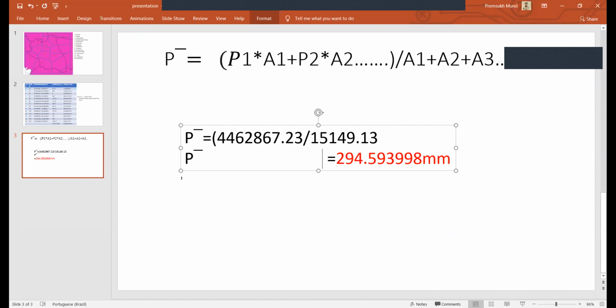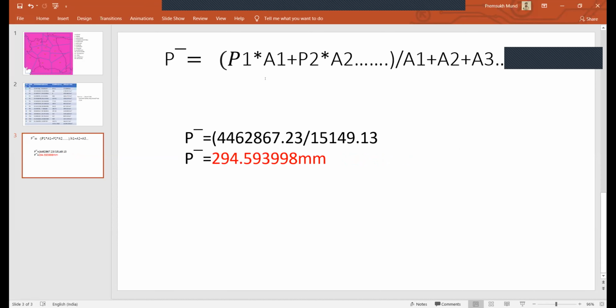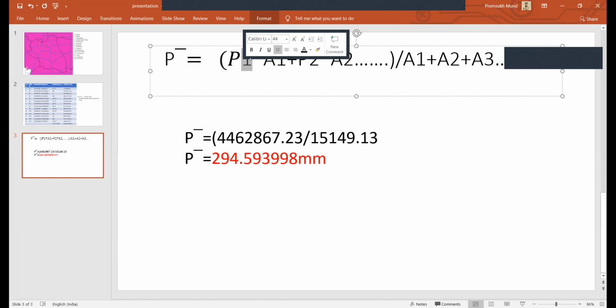Oh, and even this P1, A1, P2, A2 and all that, it should be subscript. P1 should be P subscript 1. Okay, can you select that 1 after P? Just select that 1 and do Control Shift minus.